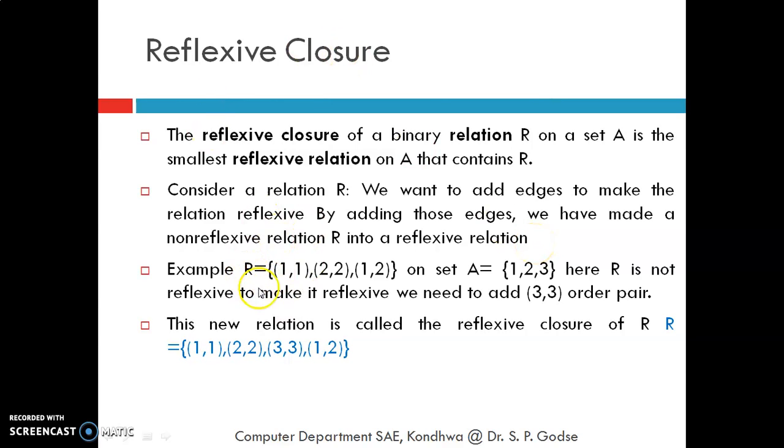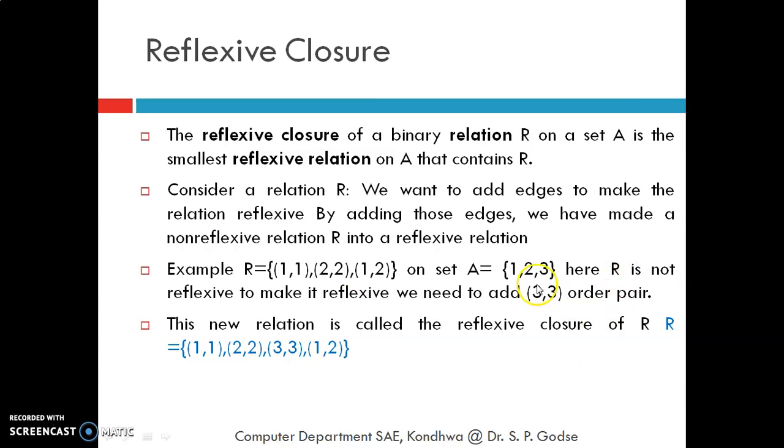Consider the example. Relation R is given, which contains the pairs (1,1), (2,2), (1,2). These three ordered pairs are in the relation, on set A, which contains the elements 1, 2, 3. If you see, the reflexive property is not satisfied by the relation, as the pair (3,3) is not present in the relation.